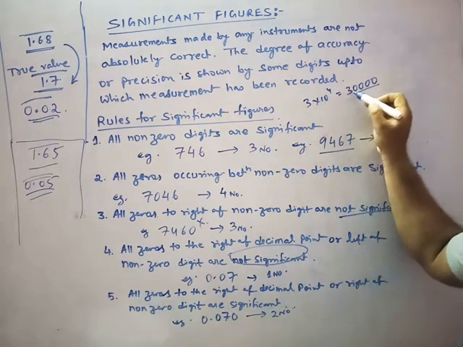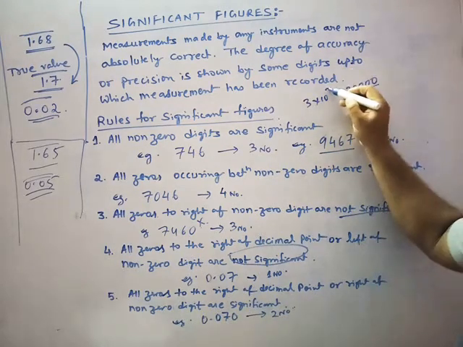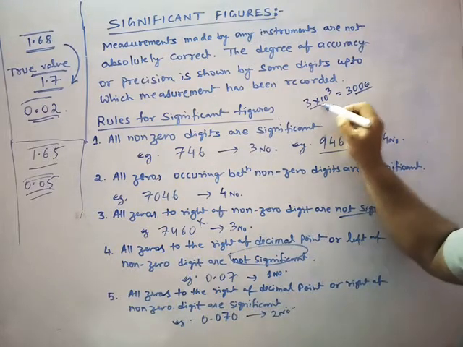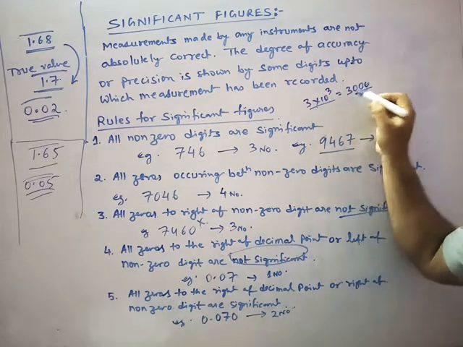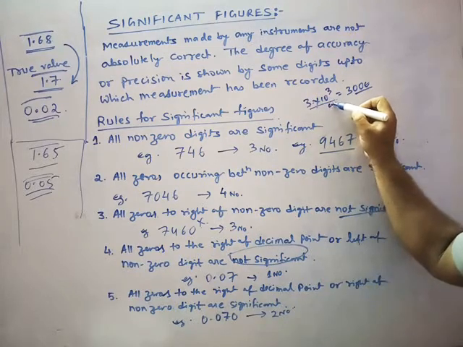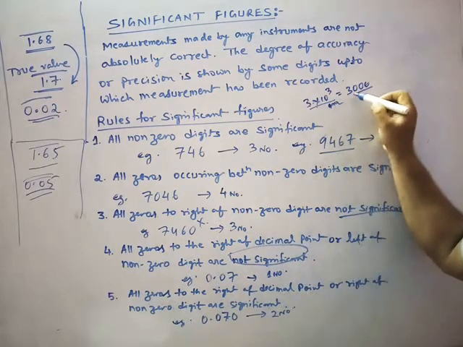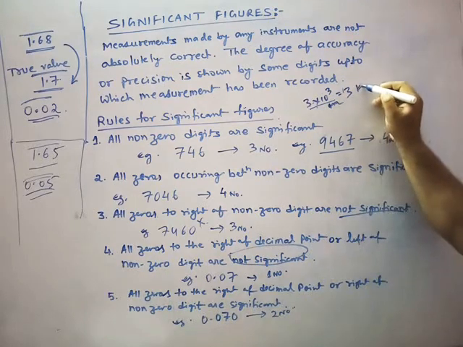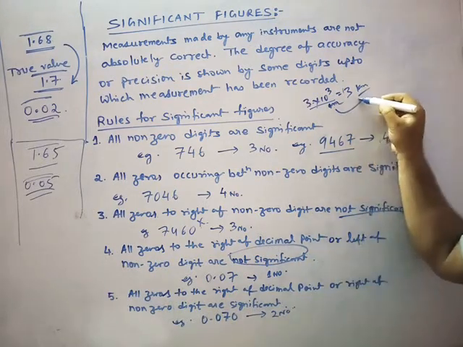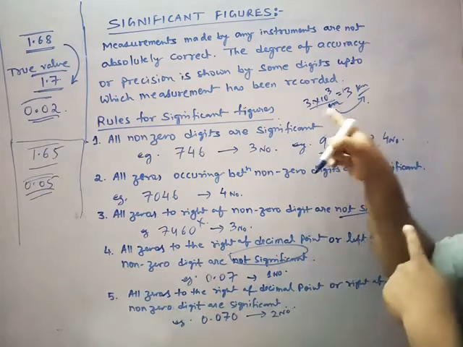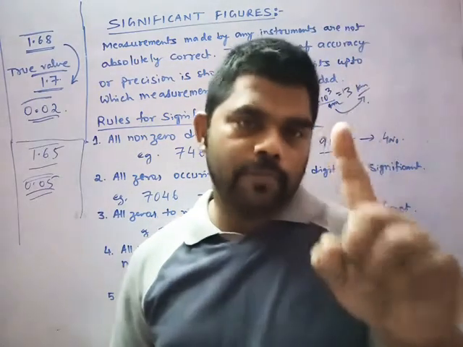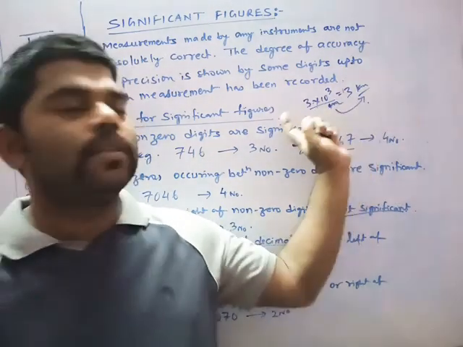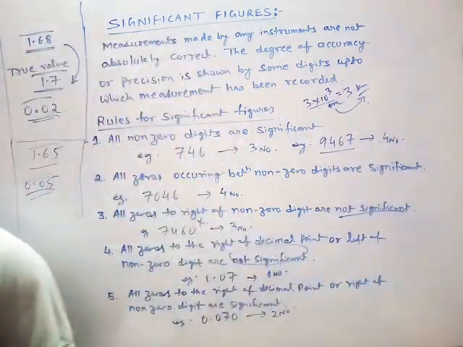Suppose 3 into 10 to the power 3. So this is 3 into 10 to the power 3. I can say this is in meters, and if it is meters, I can say 3 kilometers. So there is a change in the unit, but the significant number will be only 1. There will be no change in the significant number in the other units. Okay.